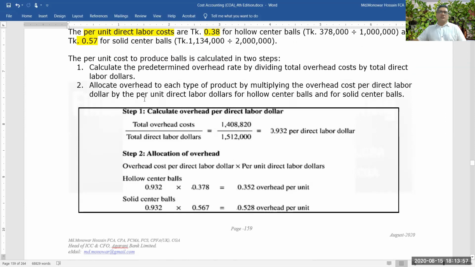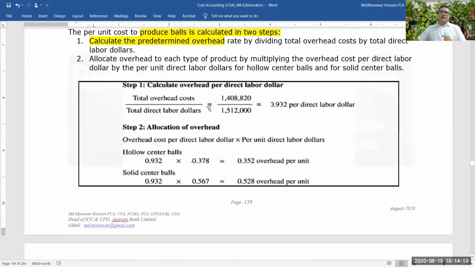So per unit cost of the produced ball is calculated in two stages. We determine the overhead rate, we calculate here, and allocate overhead to each type of product. So calculate the overhead part, determine the dollars here also, total overhead cost 14 lakh and total direct labor hour, this one, it is the labor hour and allocation of overhead.